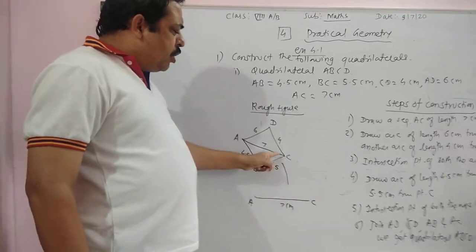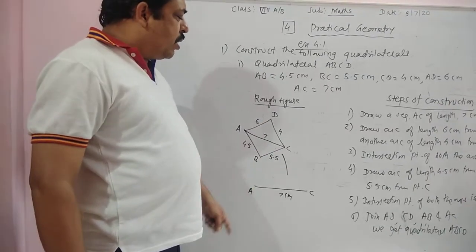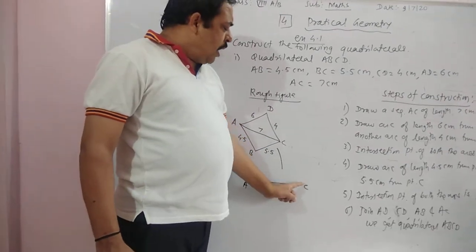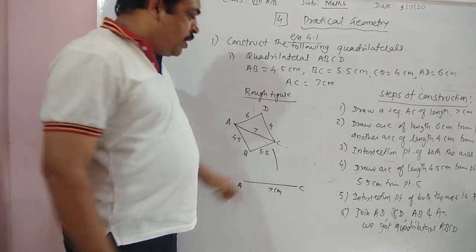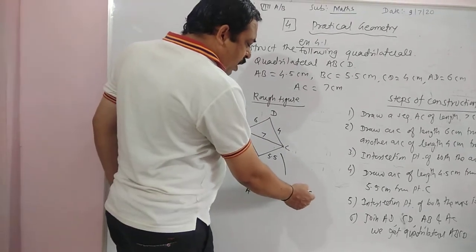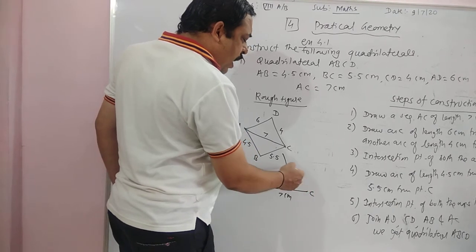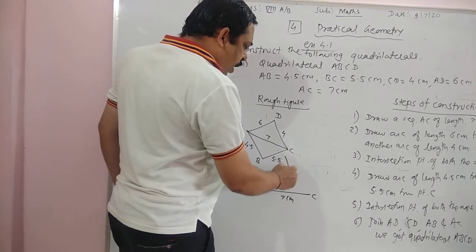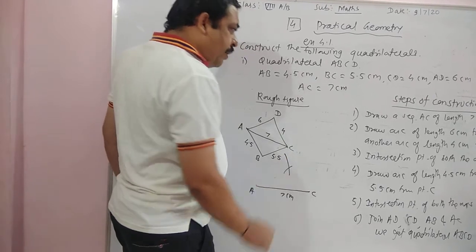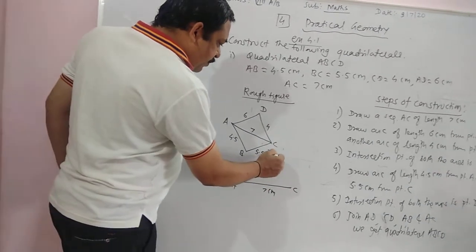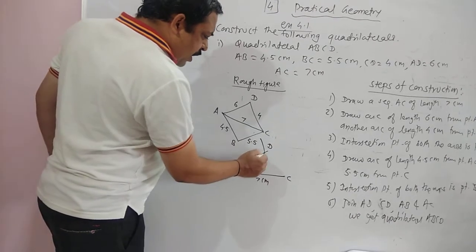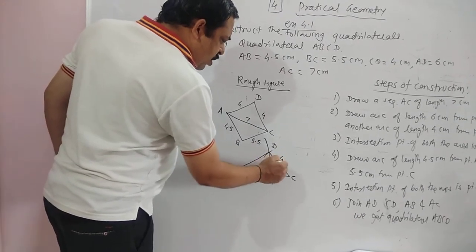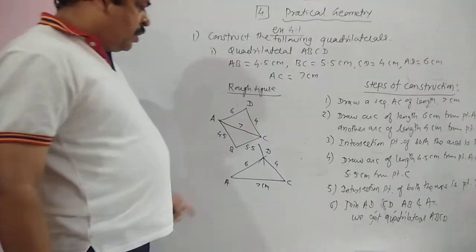Then draw another arc of length 4 centimeter from point C, keeping the tip of the compass at point C, so that it intersects the previous arc at some point. That point is denoted as point D. Join AD, join CD. This is 4, this is 6.